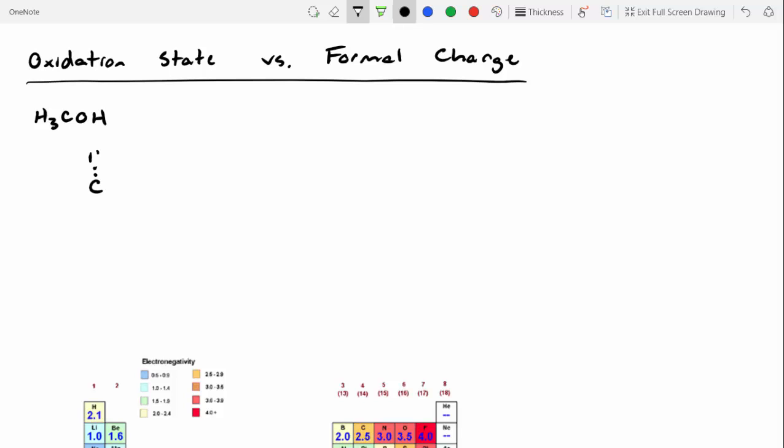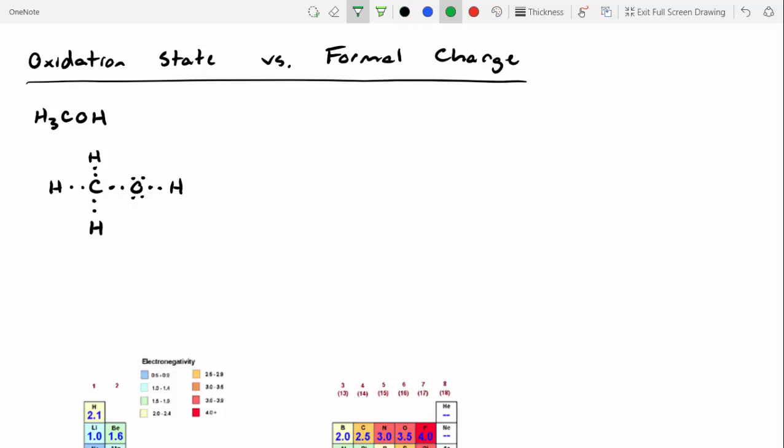So we've got a covalent bond here to hydrogen, covalent bond here to another hydrogen, covalent bond here to another hydrogen, covalent bond to an oxygen. That oxygen has 2 lone pairs, and it's bonded to a hydrogen.